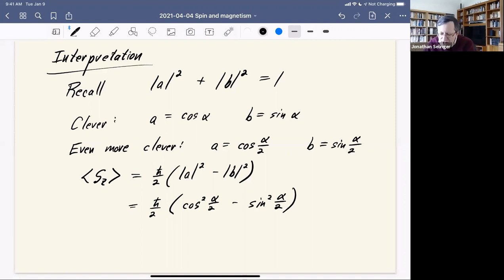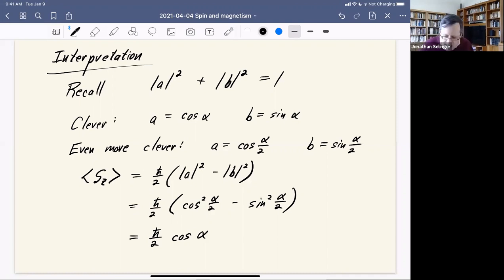If you remember your trig identities, the cosine squared minus the sine squared is equal to the cosine of the double angle. So this is the cosine of double alpha over 2, which is just alpha. So h bar over 2 cosine alpha. That's why they said the even more clever alpha over 2. It makes it easier here.